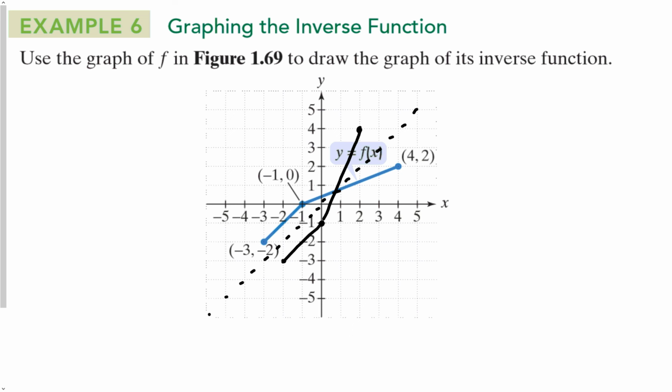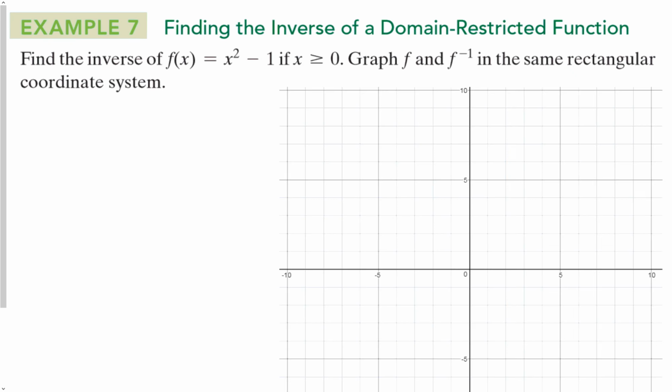Okay? So with this all in mind, let's finish by finding the inverse of f(x) = x squared minus 1. Well, first of all, this is the standard quadratic function, shifted down 1. So the graph of the normal quadratic function, if I graph this, would look like this. So here's my standard quadratic function, shifted down 1 coordinate.